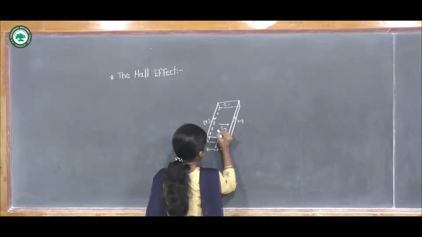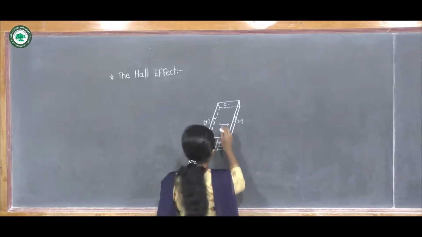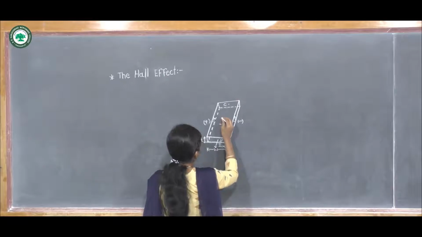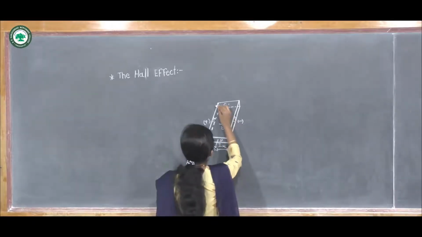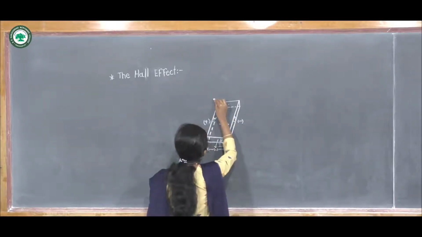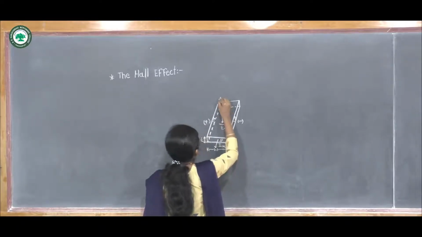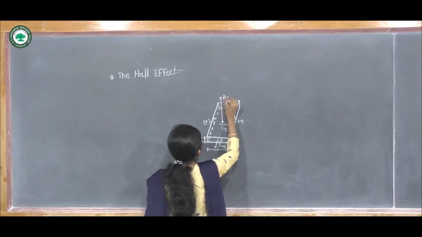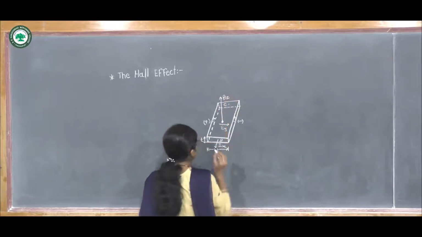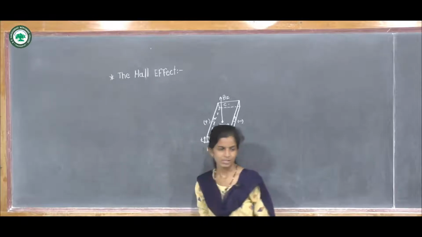So it is epsilon Y, and magnetic field is in Z direction. So this is the direction of magnetic field.